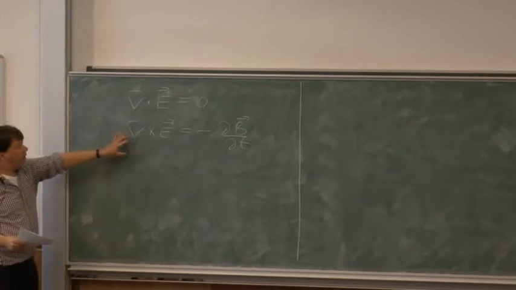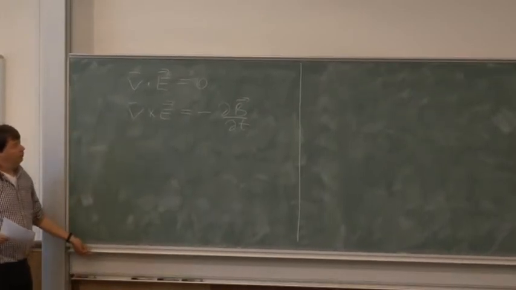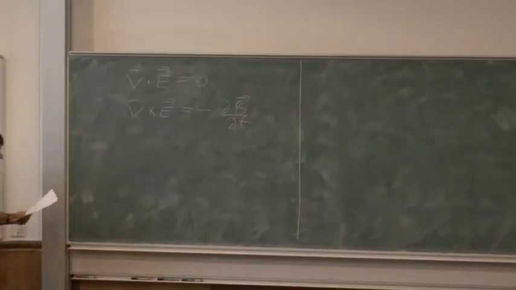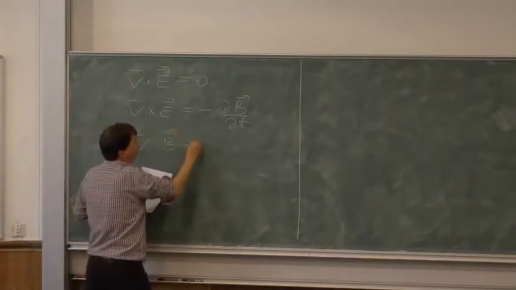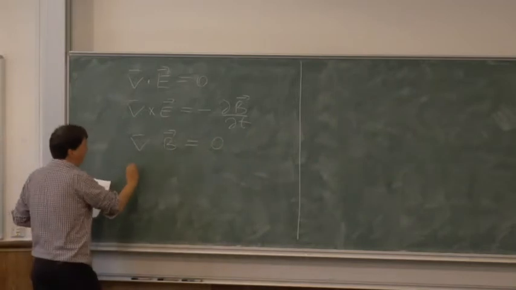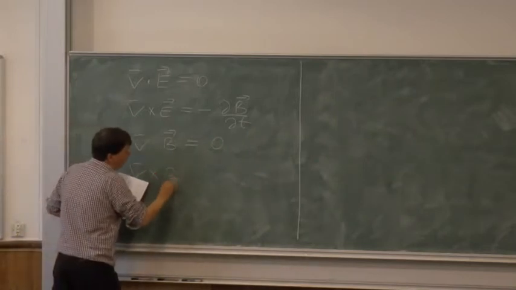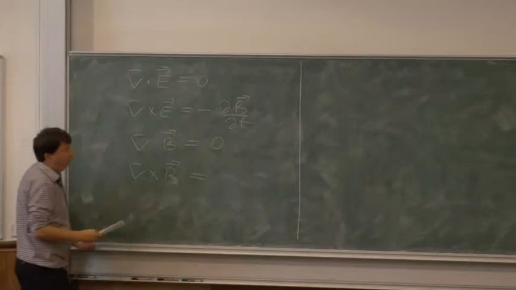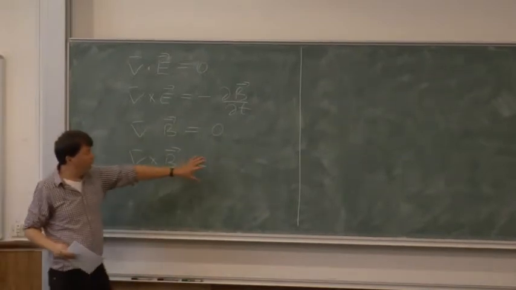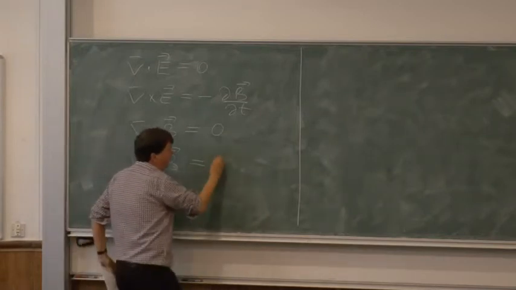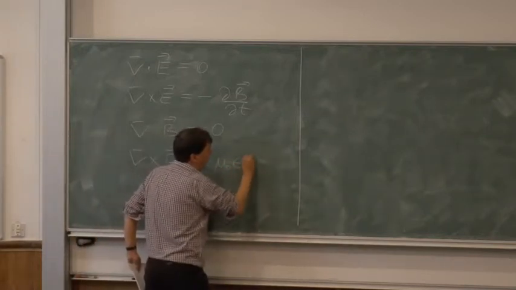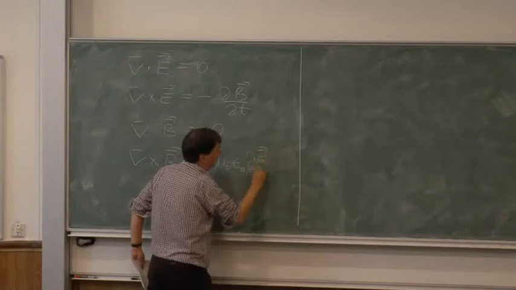We've now got the dynamic electric field in terms of the magnetic field. We've got, as always, del dot B is equal to naught. That's always true. And now again, we're making the approximation to the Ampere-Maxwell law that we can throw away the mu naught J term and just keep the dynamic term mu naught epsilon naught dE by dt.